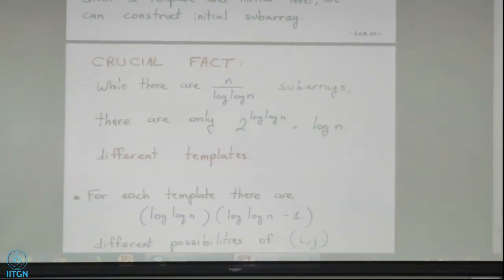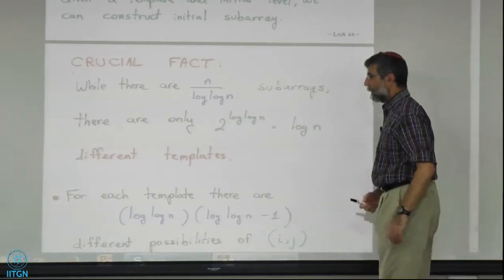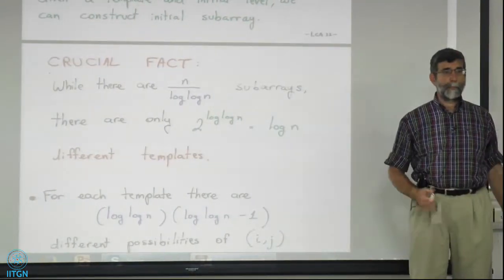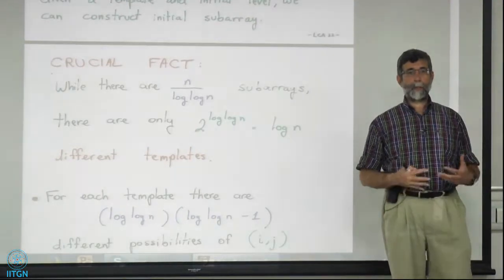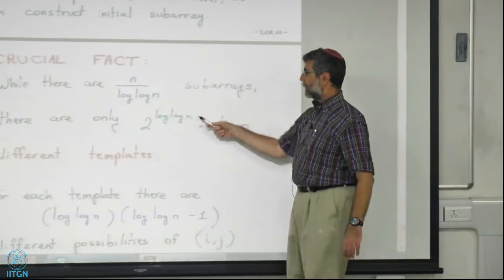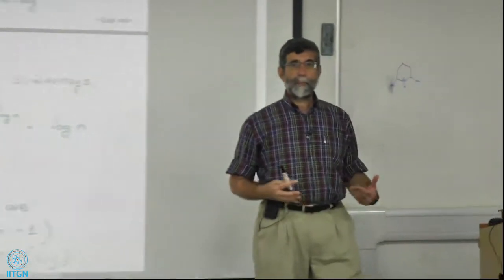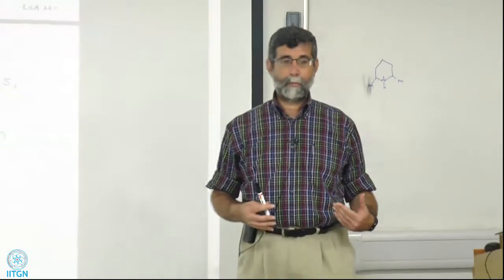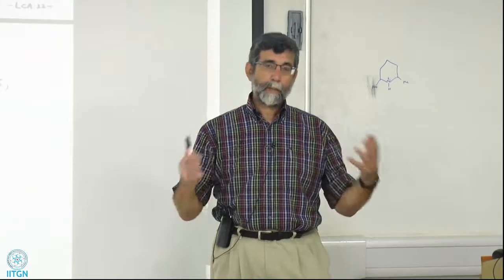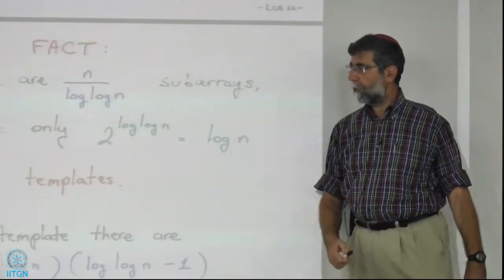But here is the crucial fact: yes, there are n over log n such subarrays, but how many of them are truly different? Only 2 to the log n are different, which means we only have log n templates that are meaningful. No matter how many subarrays we have, there are only log n meaningful templates.